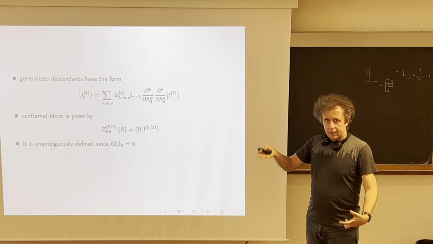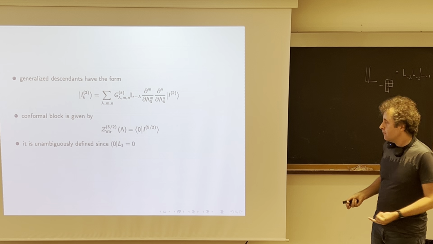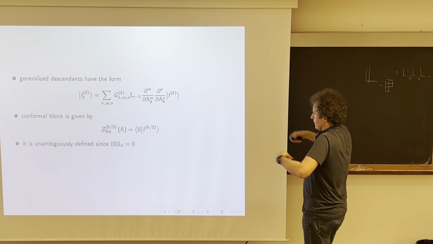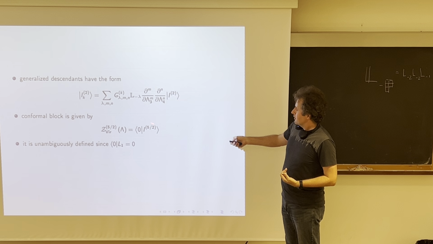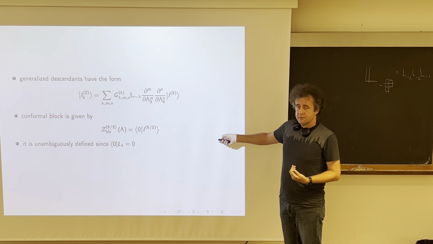Moreover, if you compute this conformal block, it will be a function of lambda 3, lambda 4, lambda 5, but anticipating the result that this will be related to Painlevé 1, in Painlevé 1 you have just one variable, one isomonodromic time. So in fact, this function will non-trivially depend only on a certain irregular cross ratio, which will be a combination of lambda 3, lambda 4, and lambda 5.